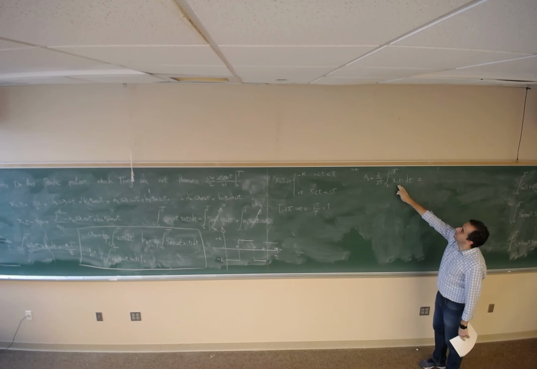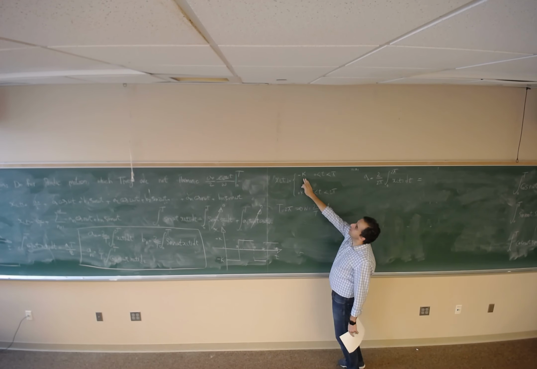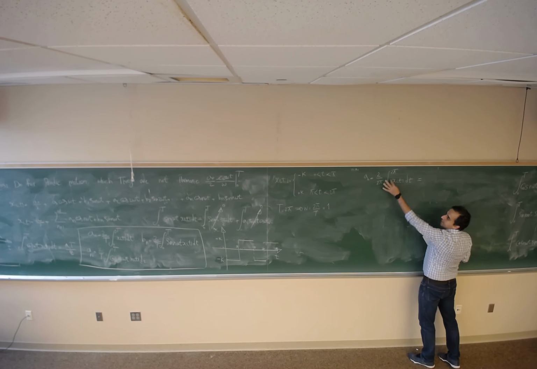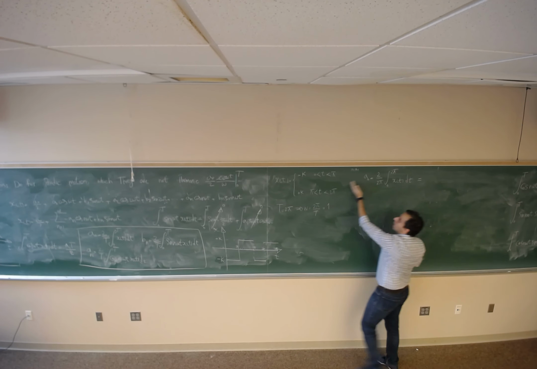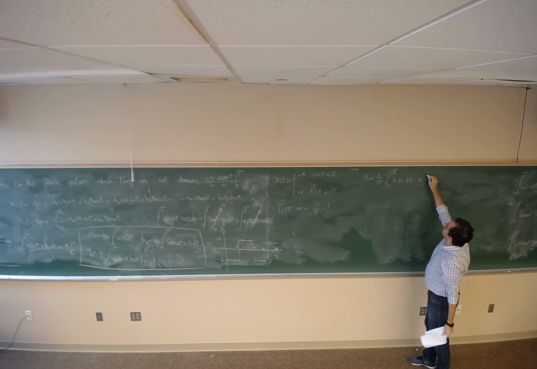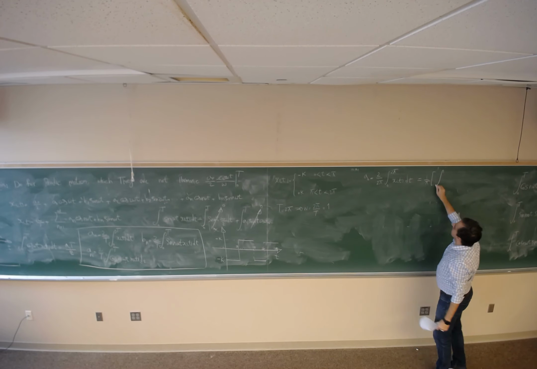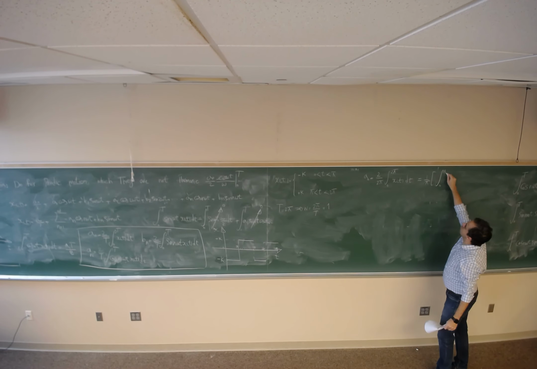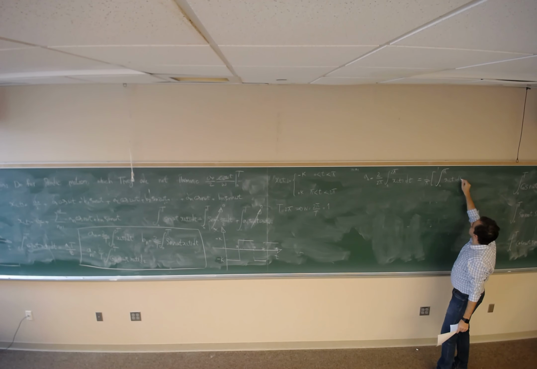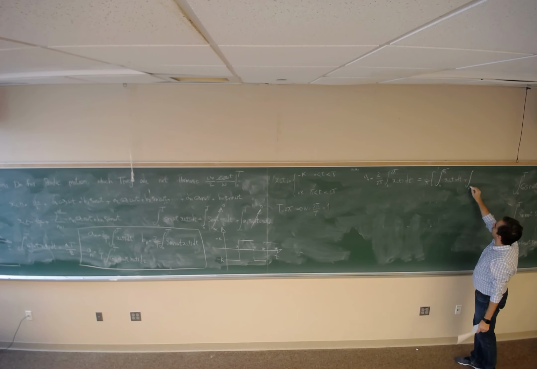Alright, but what would be the value of the function x of t? Depending on the time, we get two values. So I should break the integration from 0 to pi, plus pi to 2 pi. So 2 over 2 pi is going to be 1 over pi. Integration from 0 to pi of x of t dt, plus integration from pi to 2 pi of x of t dt.